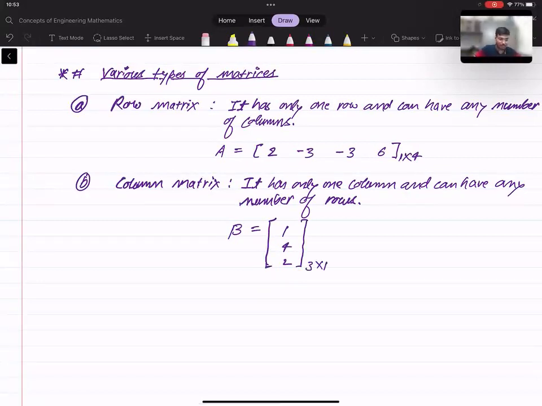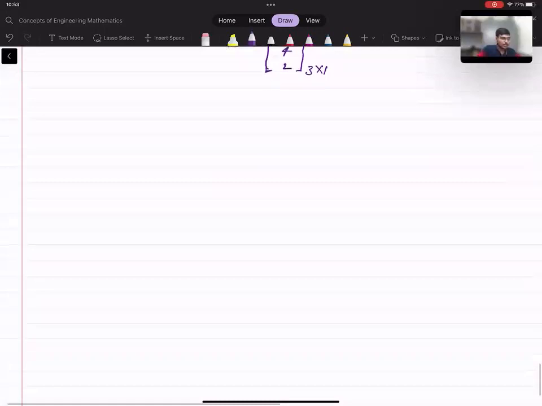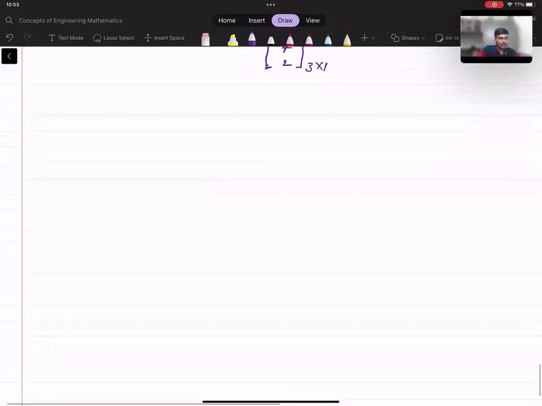Here we can see that the number of columns is fixed as 1, and number of rows can be anything. So it will have dimensions like I cross 1 or I into 1. I may be 2, 3, 4, 5 and so on. So this is column matrix. Now next we have null or zero matrix.